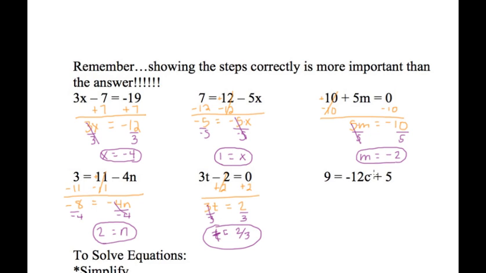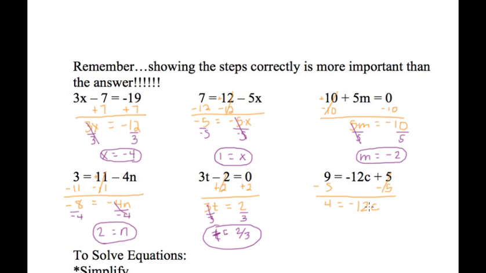Okay, start on the side with the variable. Subtract 5 from both sides. 9 minus 5 is 4. Bring down the equals. Bring down the negative 12c. 5 minus 5 is 0, so that's gone.